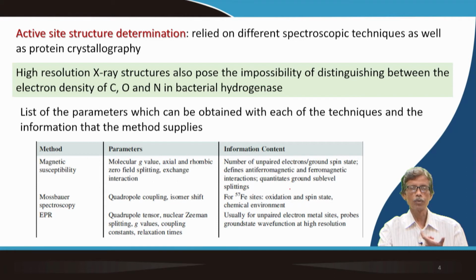you can find out the number of unpaired electrons in these two metal ion sites, because what we are talking about in these hydrogenases is the iron site and the nickel site, and we know that both of them may be paramagnetic or not. The iron site, ferrous in the low spin state, is diamagnetic. Similarly, nickel in a square planar environment is diamagnetic.